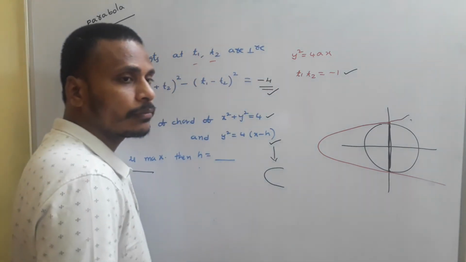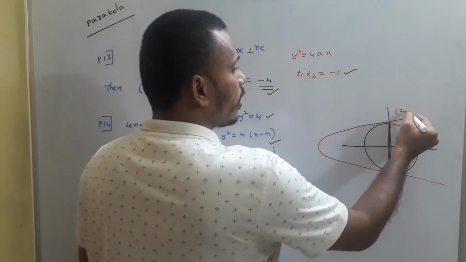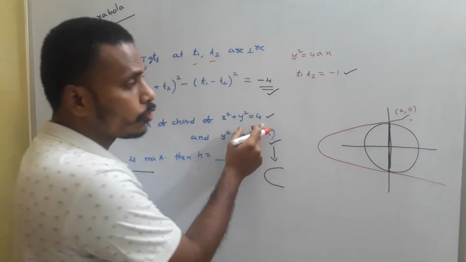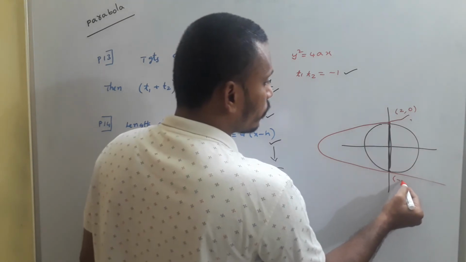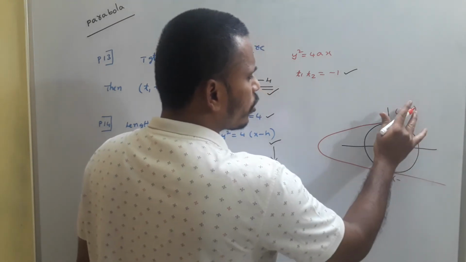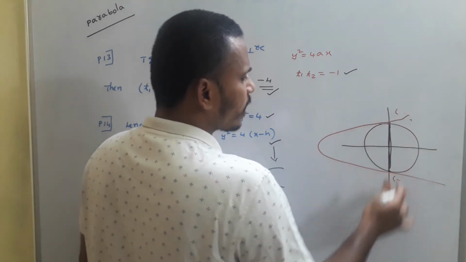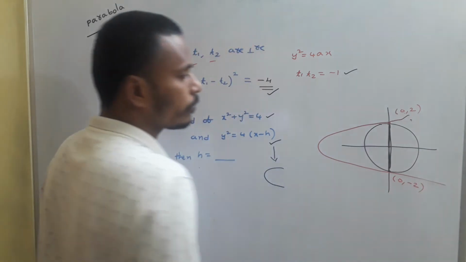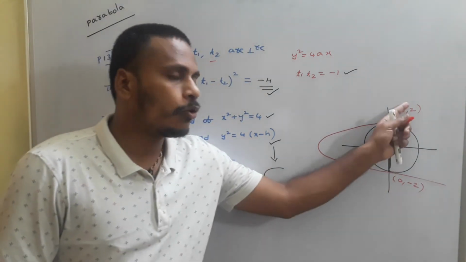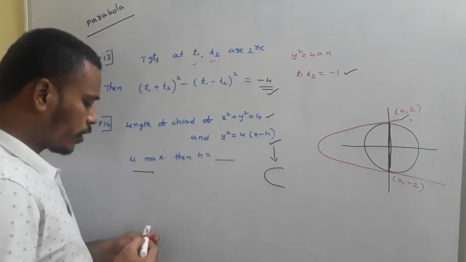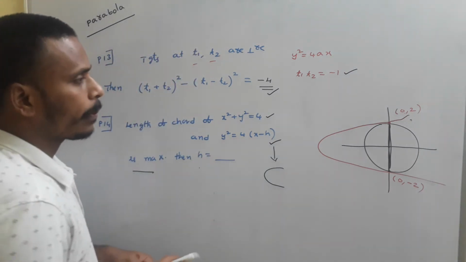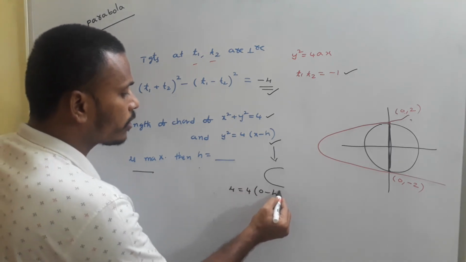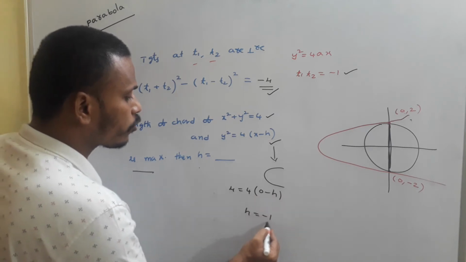Okay, so what are these points? Since the radius is 2, these points are 2, 0 and 0, 2. It is the Y-axis, so the points are 0, 2 and 0, -2. So the parabola passes through these 2 points. If we use any one point, we can find the h value. So in place of y, 2 squared is 4, equal to 4 into 0 minus h, and finally h is equal to -1.